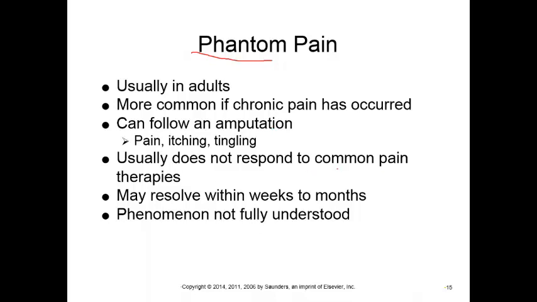It usually doesn't respond to medicines and other common pain therapies. One thing they have tried is to put a mirror up to the right hand if the left hand is the one that's amputated, and then you look at the mirror and you release and open up both hands, and they say it seems to work, but a lot of it is not really understood.